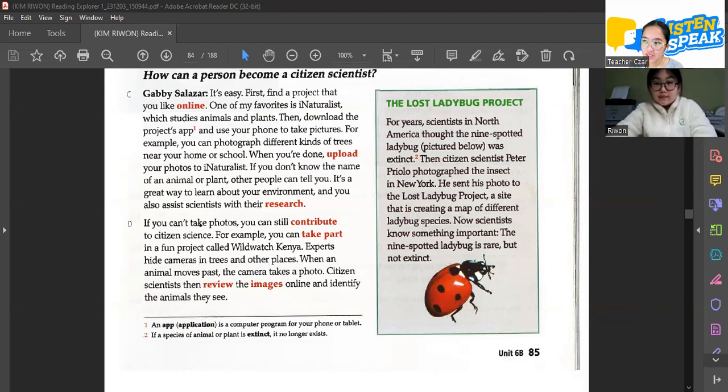Okay, very good. So here, scientists once thought that the ladybug was extinct. But someone spotted the nine-spotted ladybug in New York, and he posted it in the Lost Ladybug Project. So when the scientists saw it, they concluded that the nine-spotted ladybug is rare but not extinct. So what do you mean by rare?